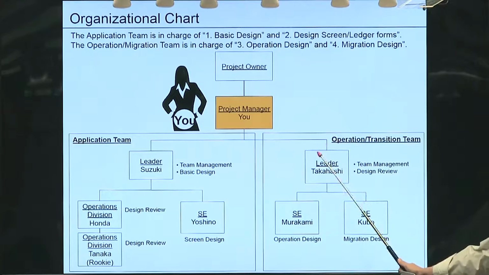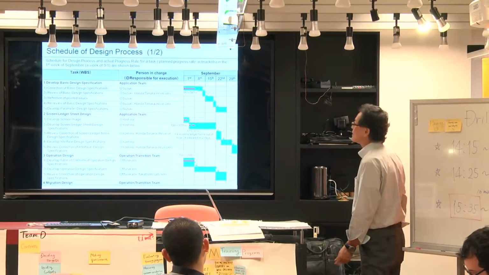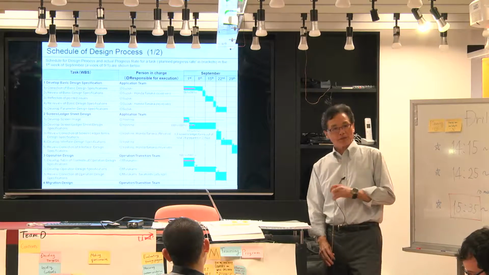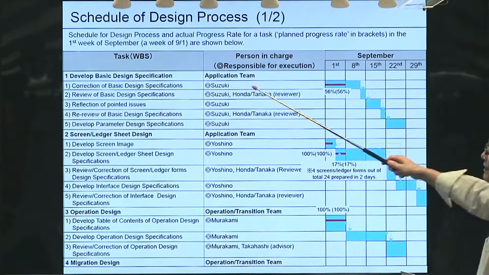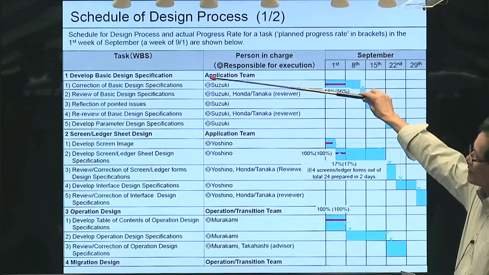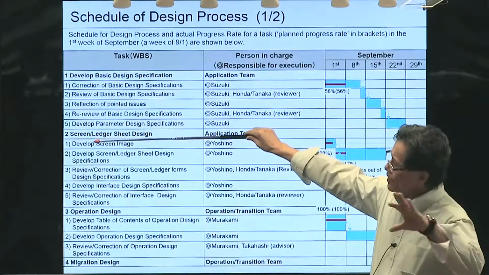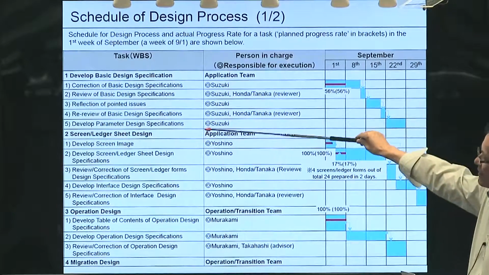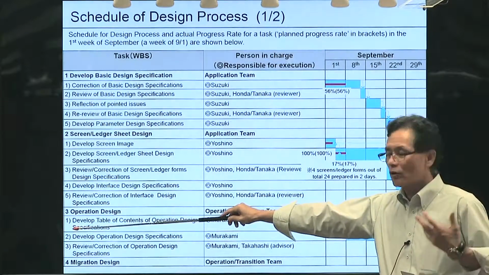Basically, you have 2 teams. This looks very busy, but basically look at the bold characters: develop basic design, specification, screen or ledger sheet design, and be prepared for actual operation.